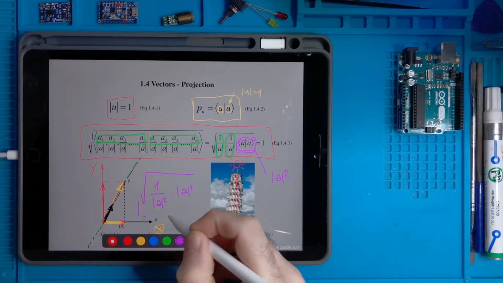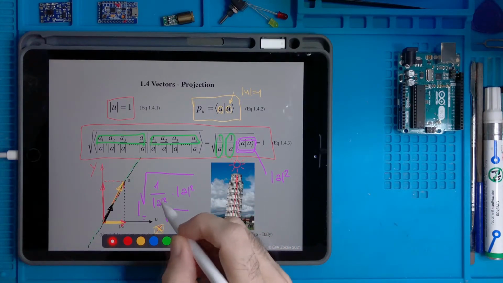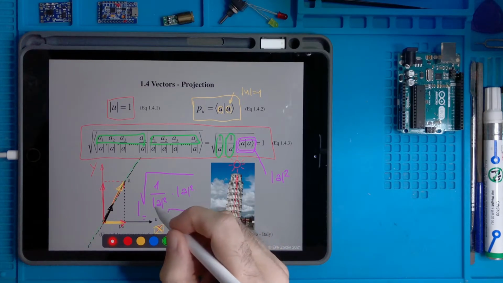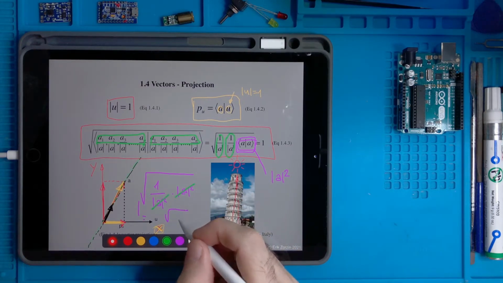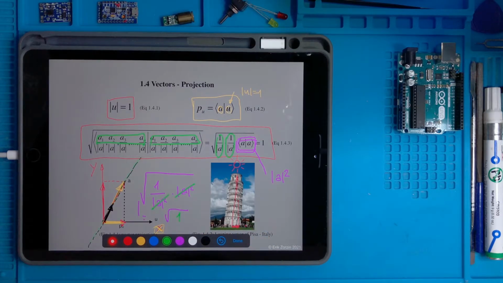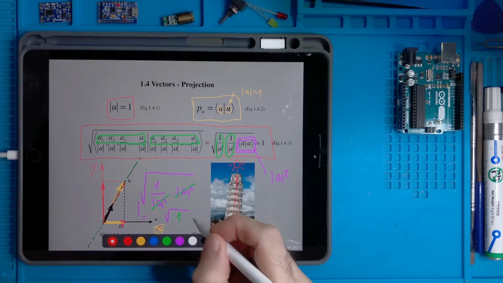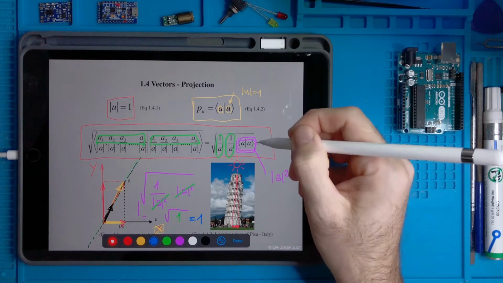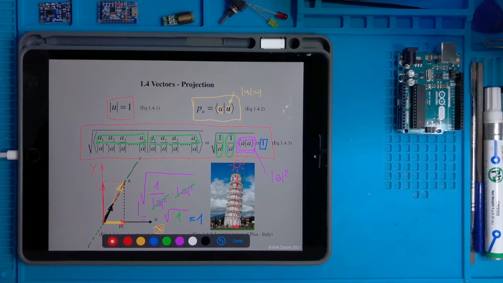And this thing is the square root of 1, because this thing simplifies, and this thing is 1, which is this.